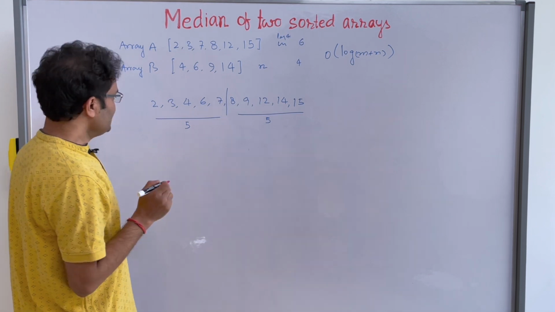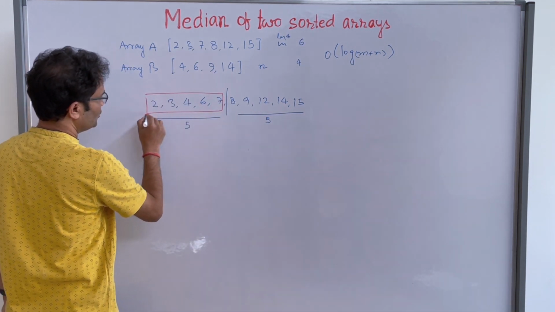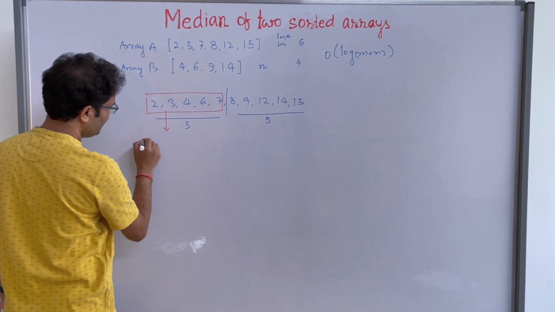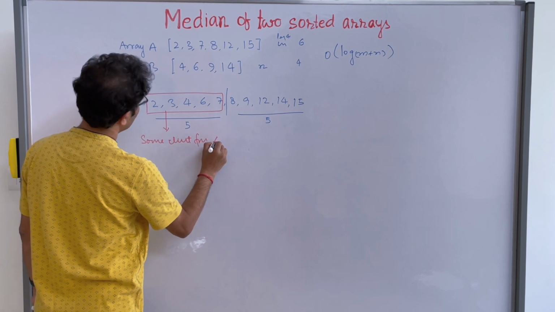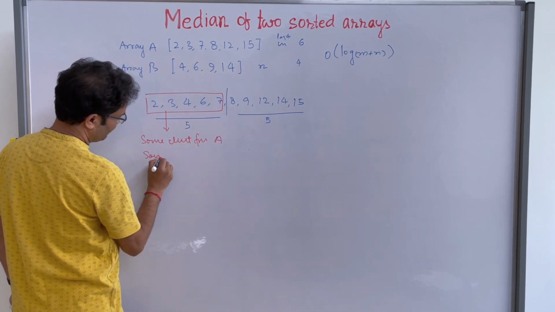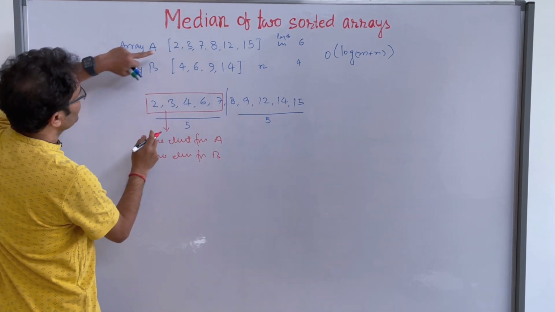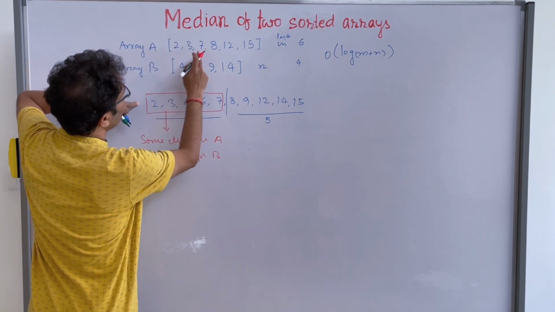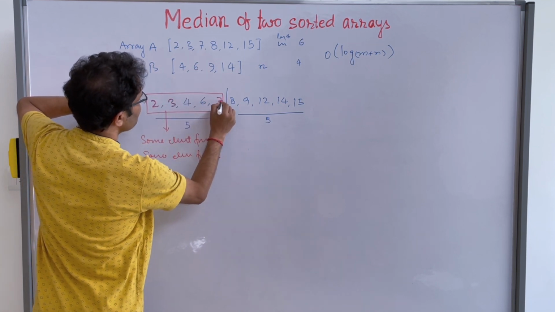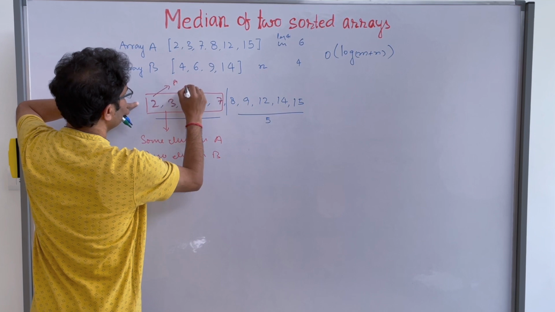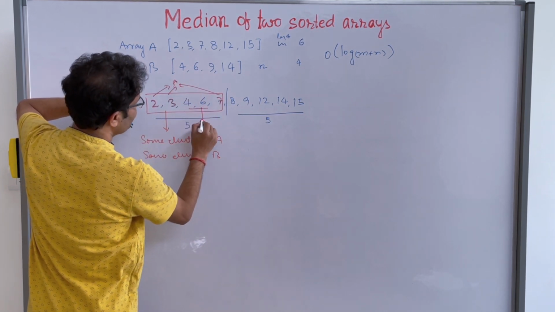Also, if you see carefully, in these 5 elements we have some elements from the A array and some elements from the B array, right? Because if you see, 2, 3 and 7 are from the A side, and 4 and 6 are from the B array.